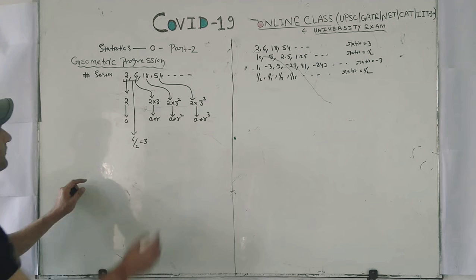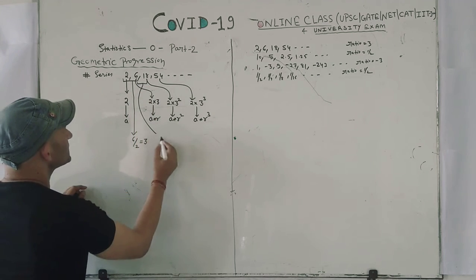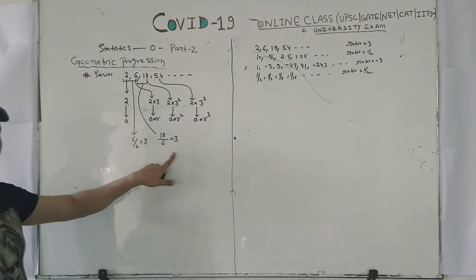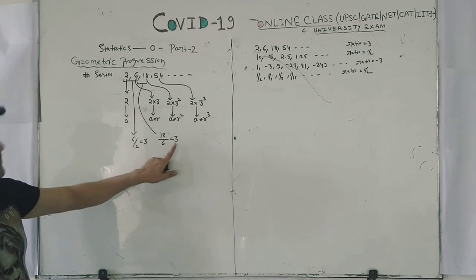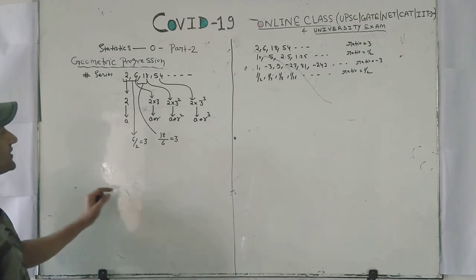Now the next consecutive number we take, 18 upon 6, that is again 3. Whenever the ratio between two numbers is unique, then the series is called a geometric progression.